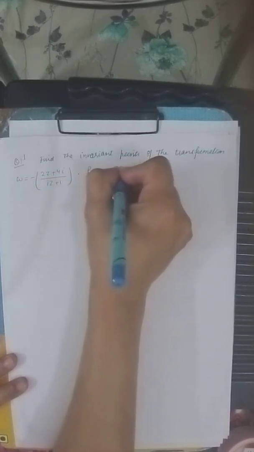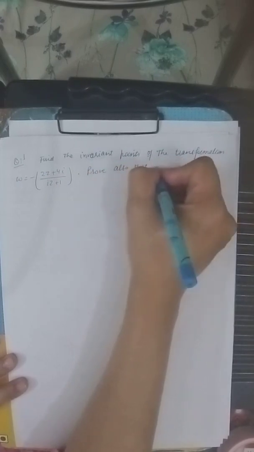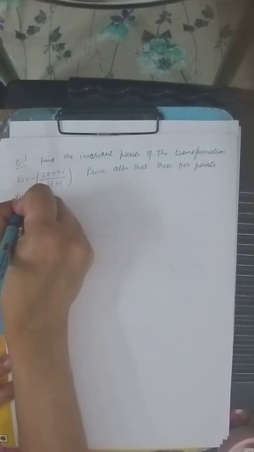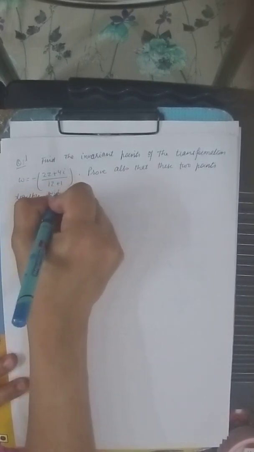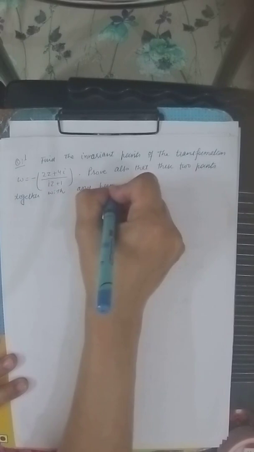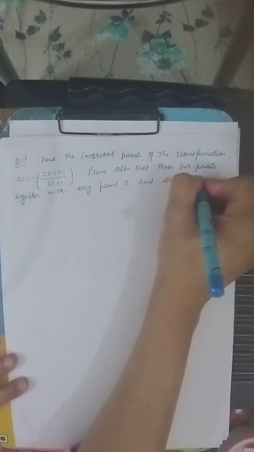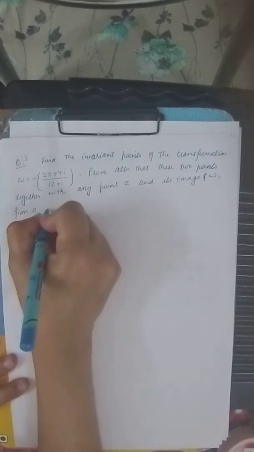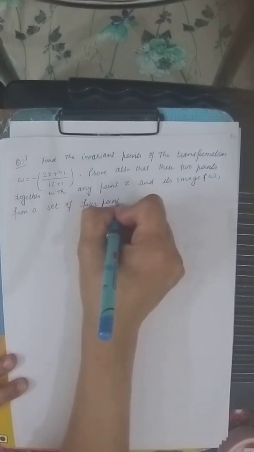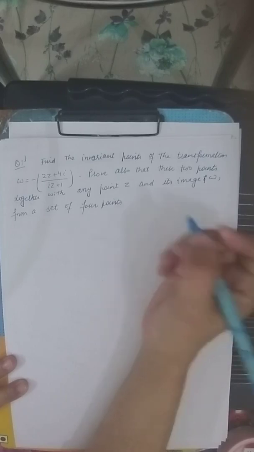Prove also that these two points together with any point of z and its image w form a set of 4 points having a constant cross ratio.